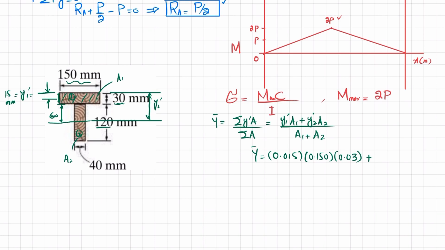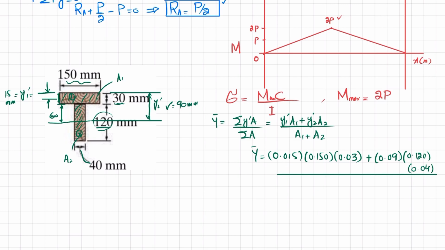Plus y2 dash, which is equal to 90 millimeter, so 90 is actually 0.09 meter, into area A2. This is the A2 area, which is 0.04 into 120 millimeter, so 0.120 meter into 0.04 meter. Divide by area A1 and A2.